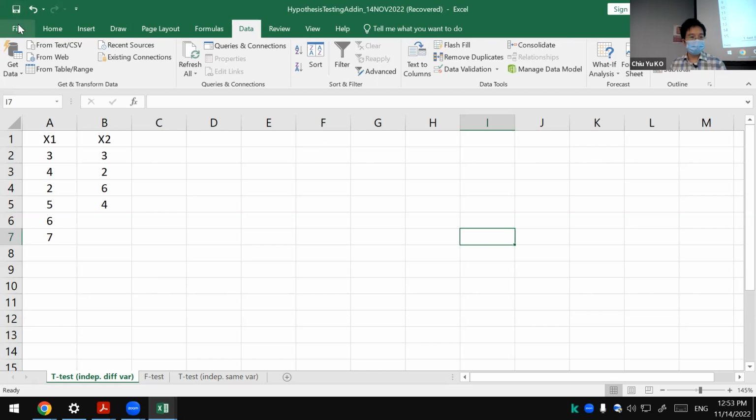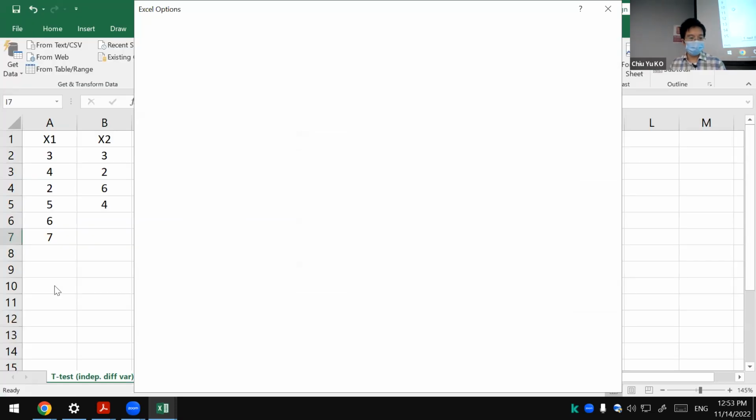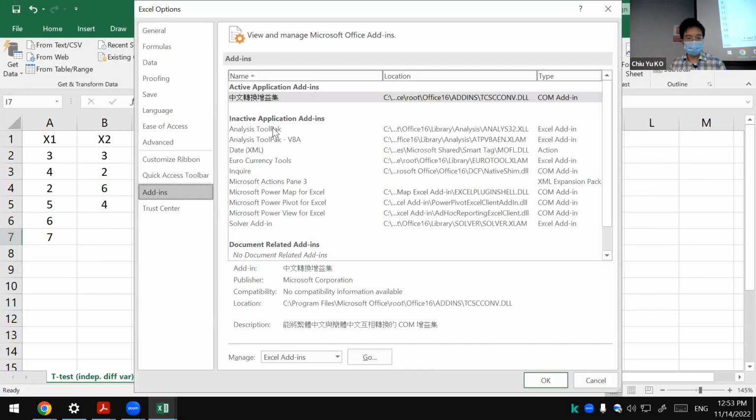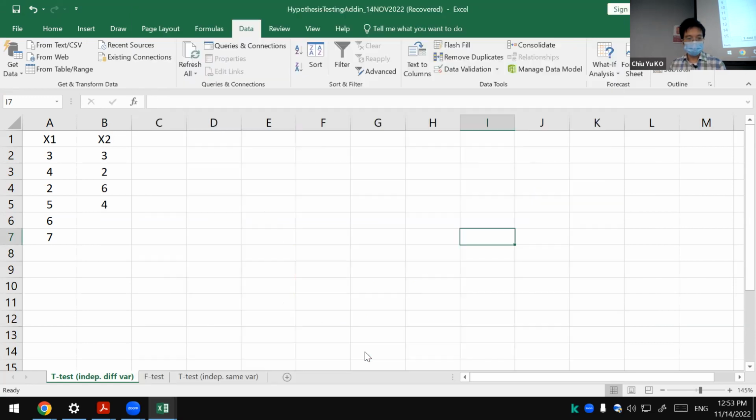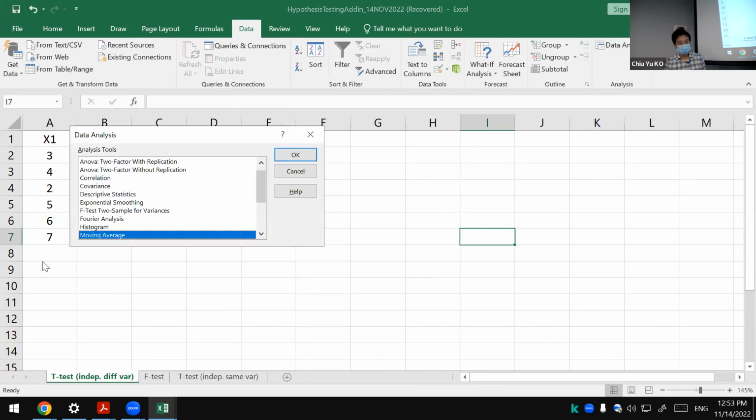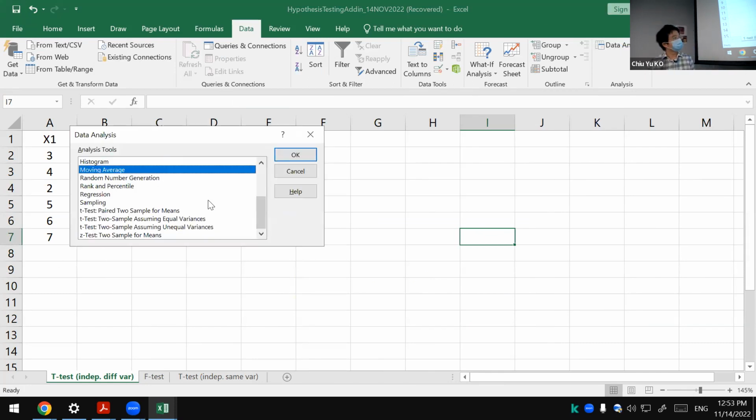Let me make this add-in come out again. Okay, and I will do the data analysis. This time I will do unequal variance, the second to the last one.